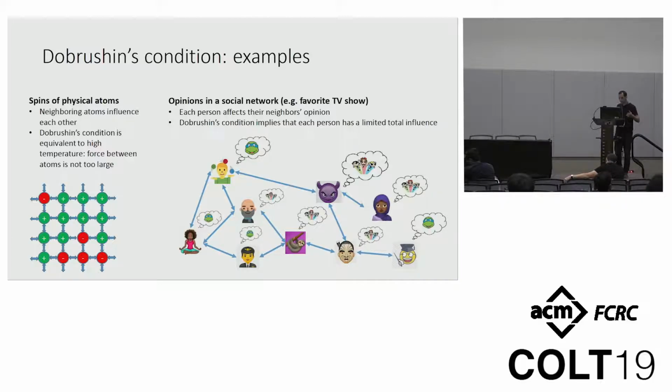I just want to say that the Dobrushin's condition may sometimes be too strong to hold in practice, but we hope in future work to build upon this result and show bounds for random variables which are highly correlated.